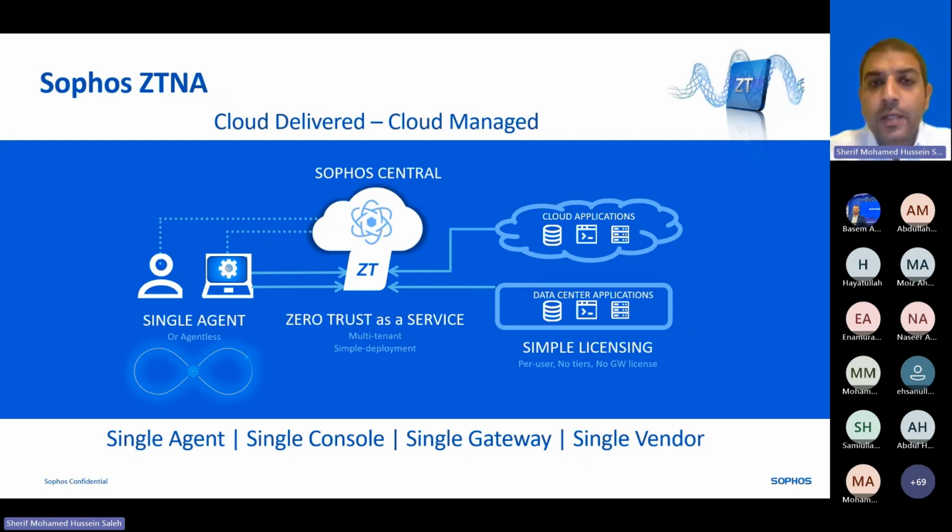We provide this by utilizing the Sophos firewalls, and we can also utilize a virtual machine inside your campus or inside your offices to be a gateway, and all of this is a SASE service, so ZTNA as a service. And it is implemented directly through our endpoints.